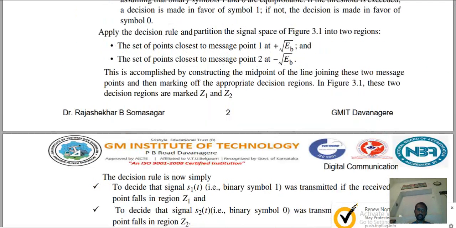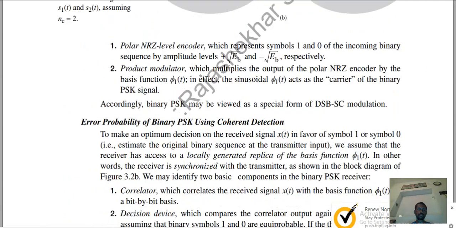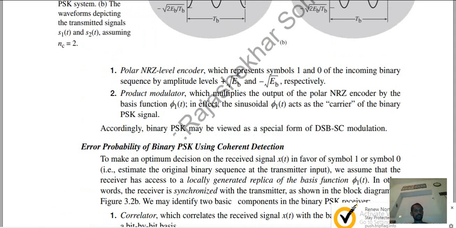I will come to the description of that. The first block, as shown, is a polar non-return to zero level encoder, which represents the symbols 1 and 0. It is just a non-return to zero level encoder.